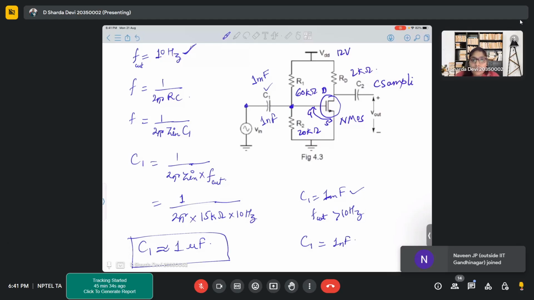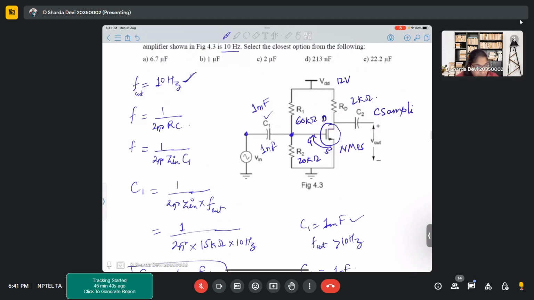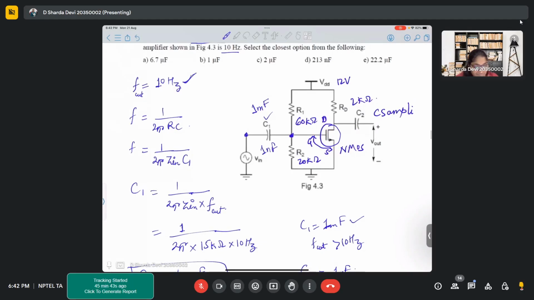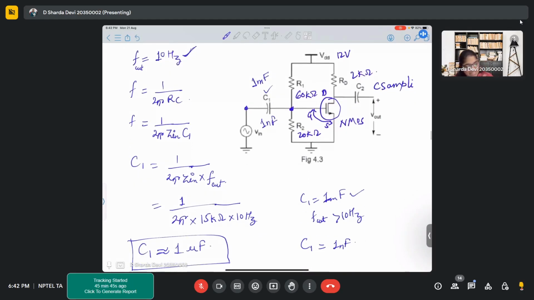I think it should be lower than 10, not higher than 10, because we increase the capacitance, and by increasing the denominator, the frequency will decrease. Yes. See, here it is milli, you had micro. Milli is actually larger than micro, right?